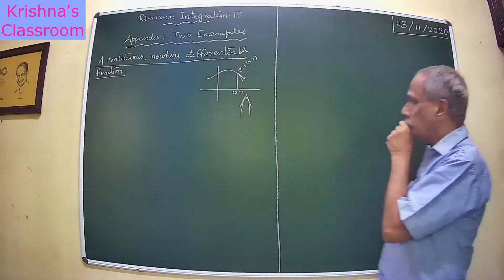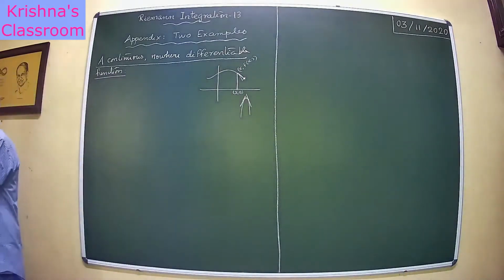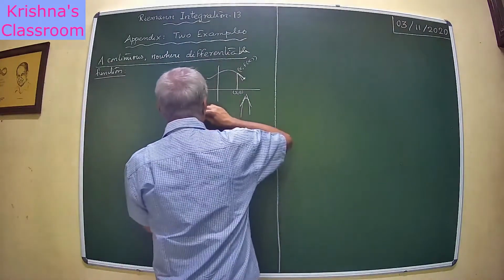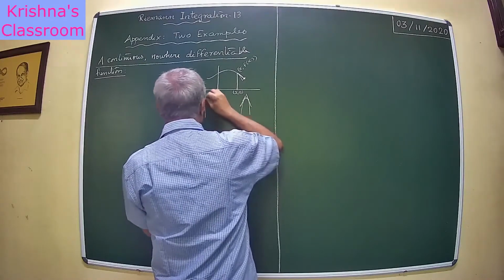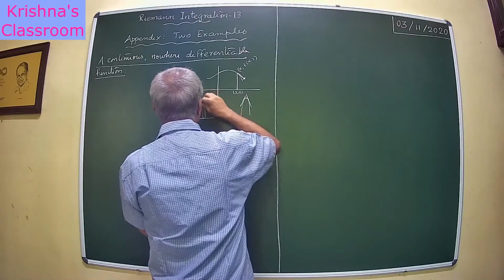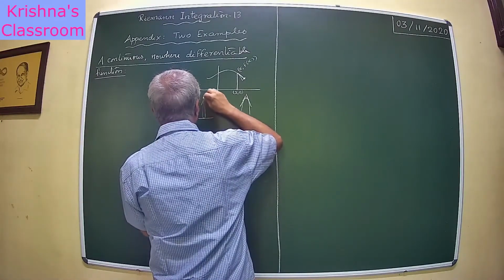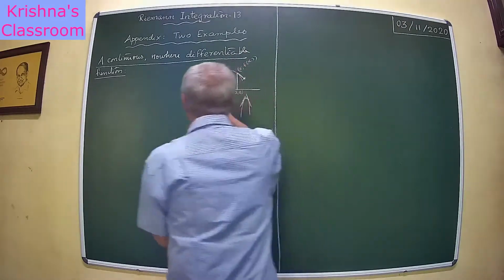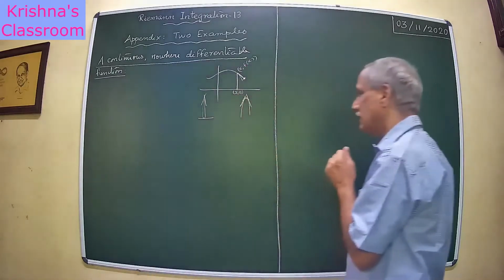Therefore, if you were to think of a function which has a very sharp peak, something like this, here, then you see that the slope of the tangent will go from nearly plus infinity to minus infinity, because it is tan theta.